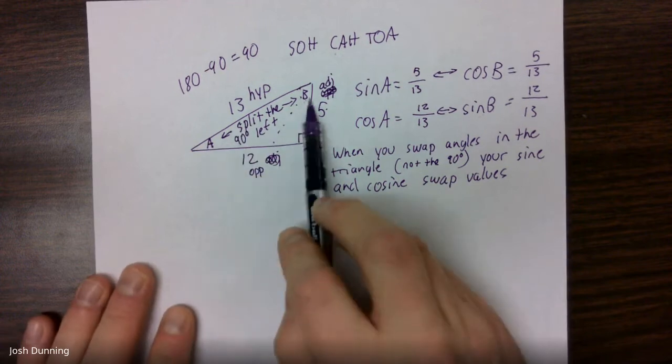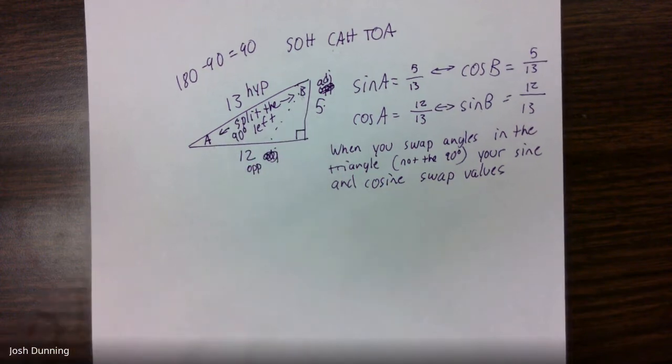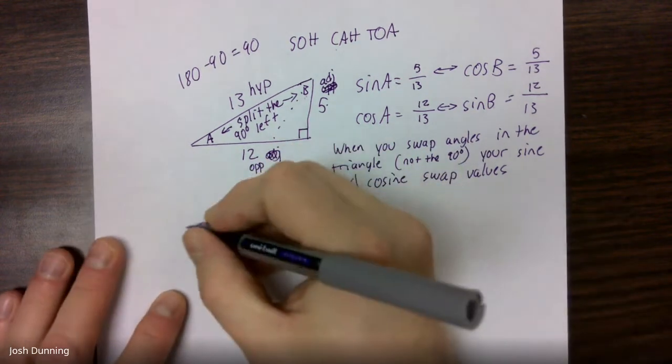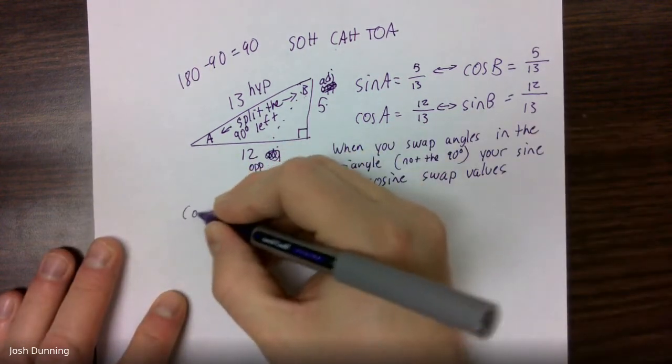So if two angles add up to 90, it's been since like the first week of school since the lesson on this, we talked about it occasionally, but two angles that add up to 90 are complementary.